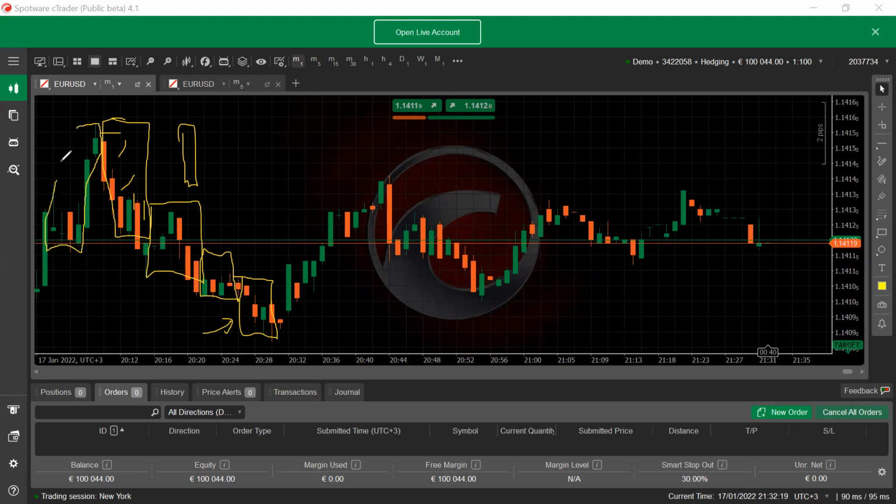I want to add a 6th: 1, 2, 3, 4, 5, 6 together form one 30-minute candle.